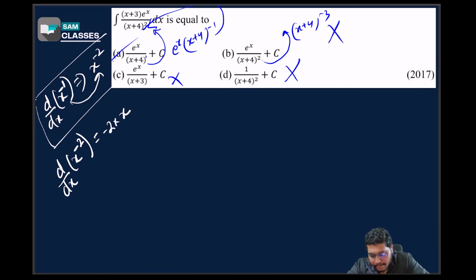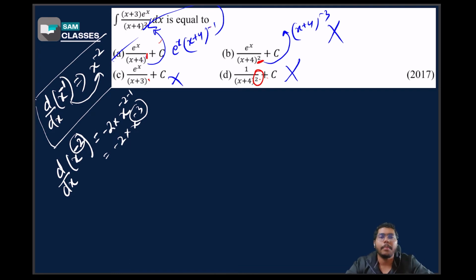I'm just showing it normally. So the power here increases. If I have a power minus 1 here, then only it will go to minus 2. Yes or no? If I already have a power 2, it will go to minus 3. It is x plus 3, can't be. It is x plus 4, done. Power is 2, it will go to minus 3. So then and there I am done with the question. Correct, I don't have to do anything.